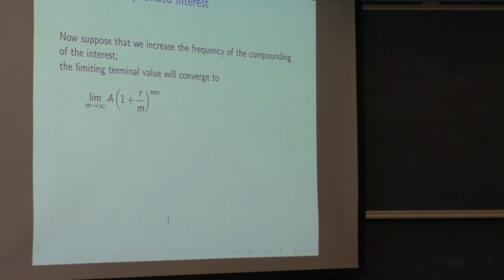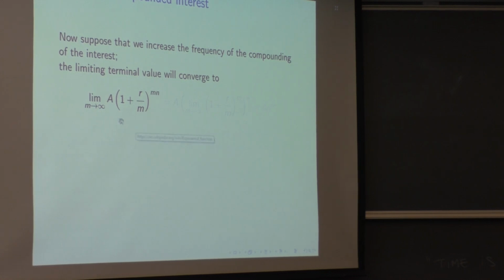So here's what happens if you deposit money at an interest rate of R compounded m times a year for n years. This is this expression over here. So what happens if I compound the interest more and more frequently? So if I have more and more compoundings m every year.